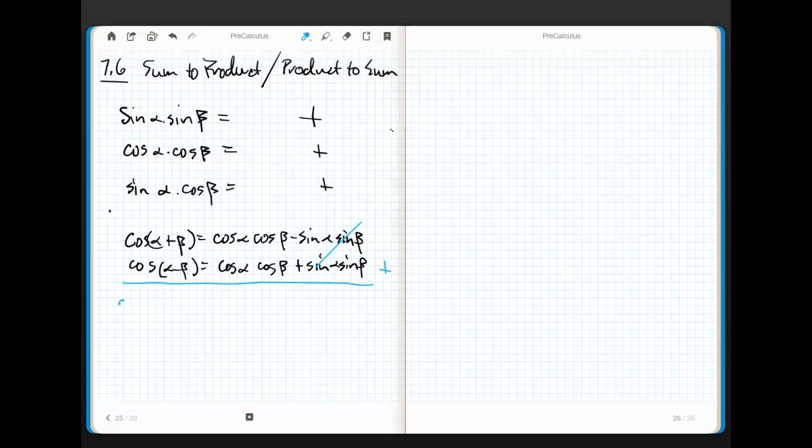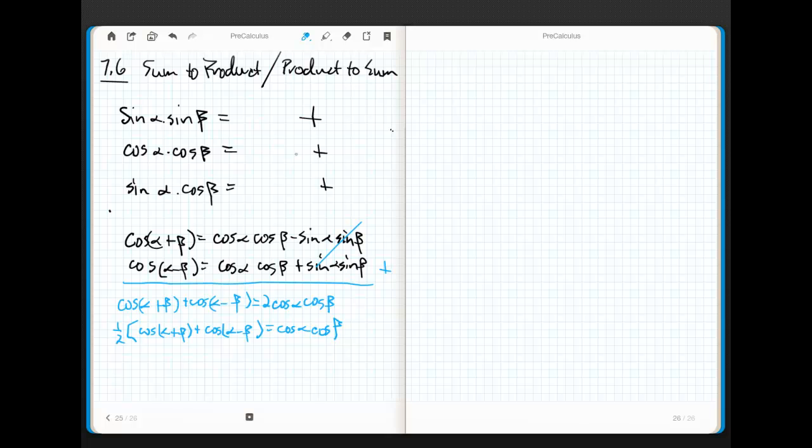Well, it tells me that I end up with cos alpha plus beta plus cos alpha minus beta is equal to, well, this plus itself is just 2 times cos alpha cos beta, and then just divide through by 2, and I end up with 1/2 times cos alpha plus beta plus cos alpha minus beta equals cos alpha cos beta.